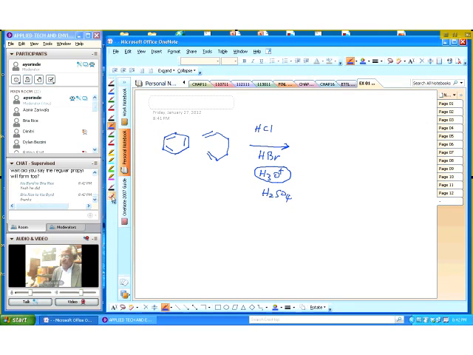Supposing I give you this. Let's just use one of them. Take the rest of them out. Say we use this. And I say we have this product.